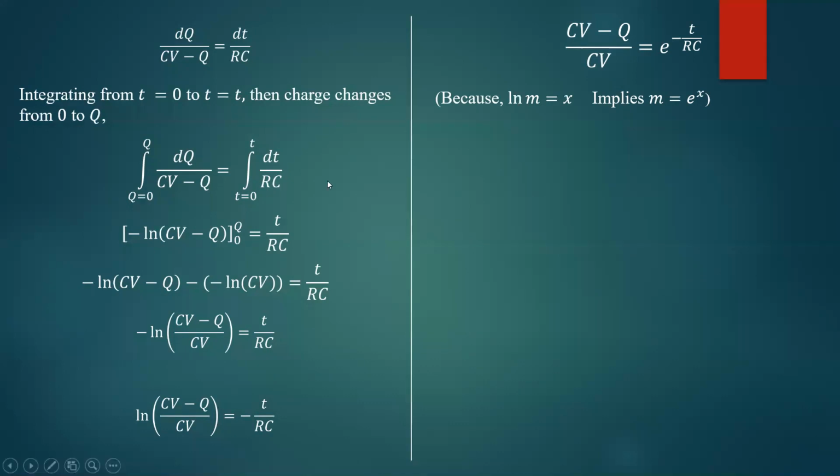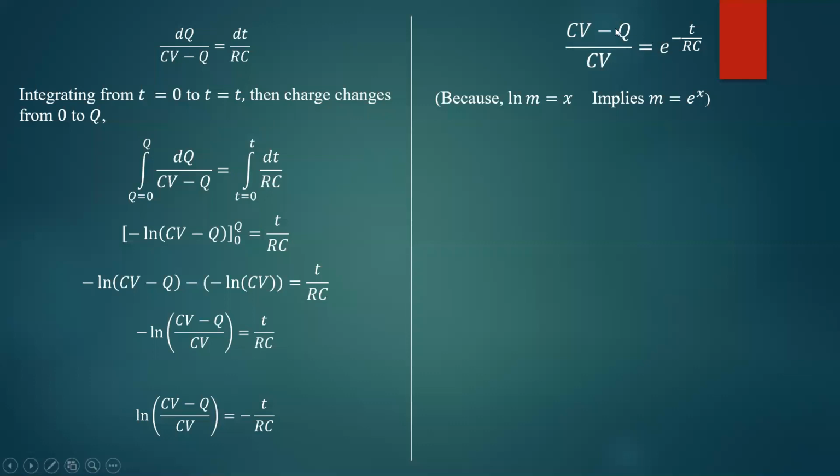Logarithmic equation can be expressed as exponential equation. So this is a logarithmic equation to the base e. So this can be written as CV minus q divided by CV is equal to e to the power minus t by RC. This is x, e to the power x. This is m. So this is how you can get.